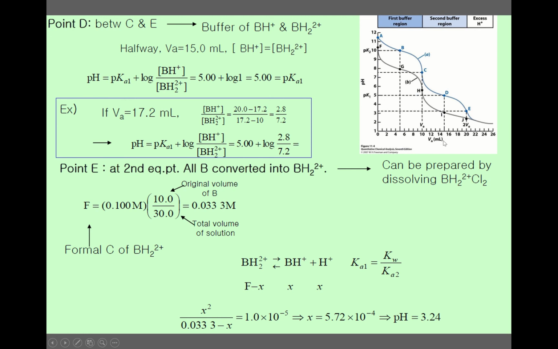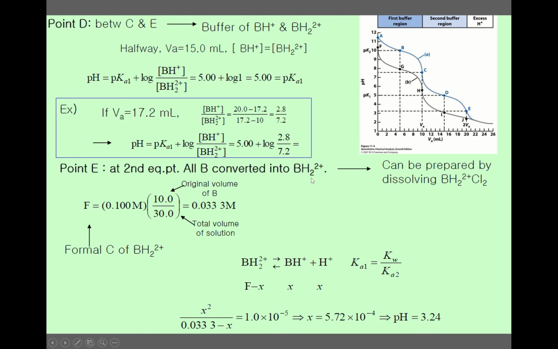Now, 17.2 ml is past the first equivalence point and is around here. So that is before the second equivalence point. So now, from 10 to 17.2 ml, this added, that corresponds to what?